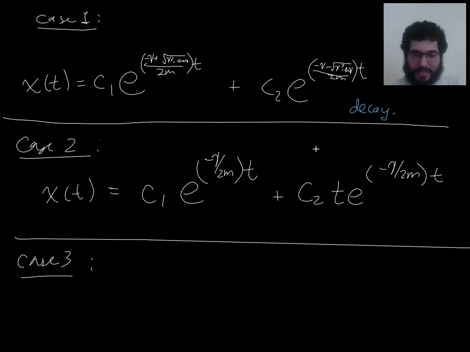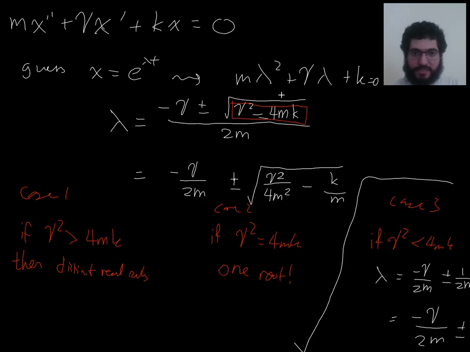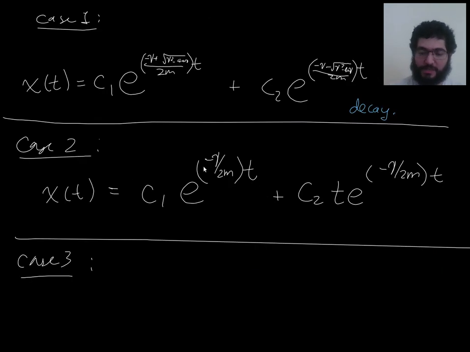So in case 2, where the thing under the square root was exactly 0, so that's kind of a rare case, right? But in that rare case, we end up with, it seems, also decay towards 0, except one of the two terms is not pure exponential decay. It's exponential decay times linear growth, which is just like one step away from being pure exponential decay.